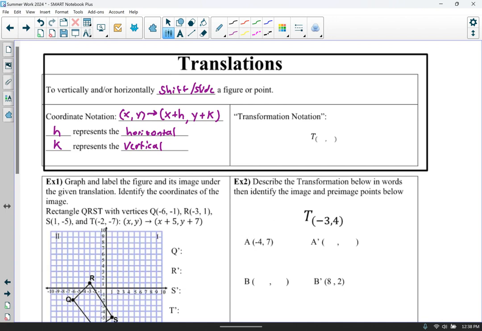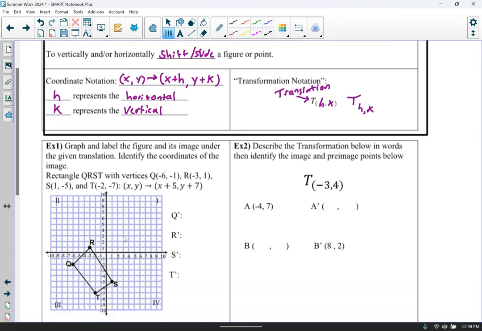Transformation notation, that's where we use the big T. The big T tells me that it's a translation, and we saw that notation in our definitions page before. And then we just use h and k to describe how it's translated. Sometimes you'll see that with parentheses around it. Other times you'll just see it like that. Either one's fine. So let's give one a try.